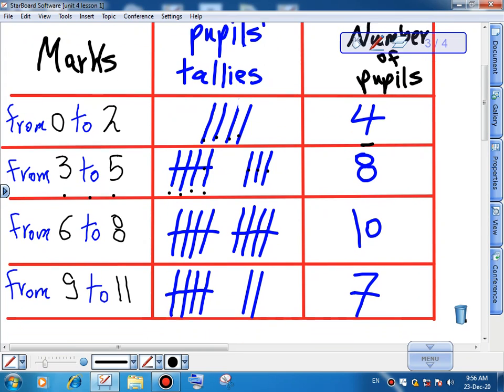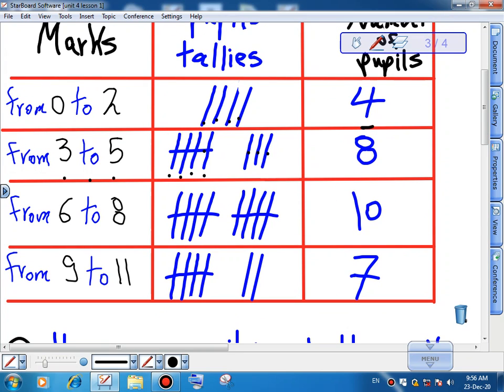The next one, marks from 6 to 8, 6 and 7 and 8. I will check this: 1, 2, 3, 4, 5, 6, 7, 8, 9, 10. There is only 10 people that get the mark from 6 to 8.